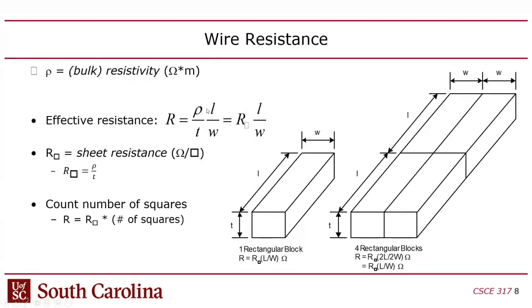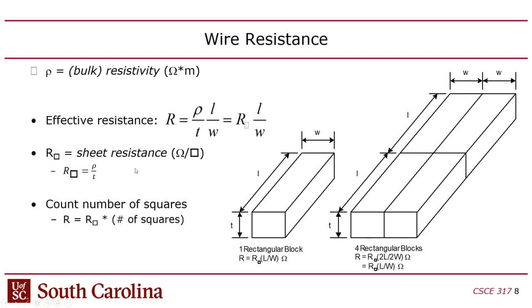You can't change that. So rho over T is also referred to as the sheet resistance, which is R sub square, which is kind of odd, but that's rho over T. And this is nice because this term is something that would be locked in, something that comes from the company that fabricates the chip.